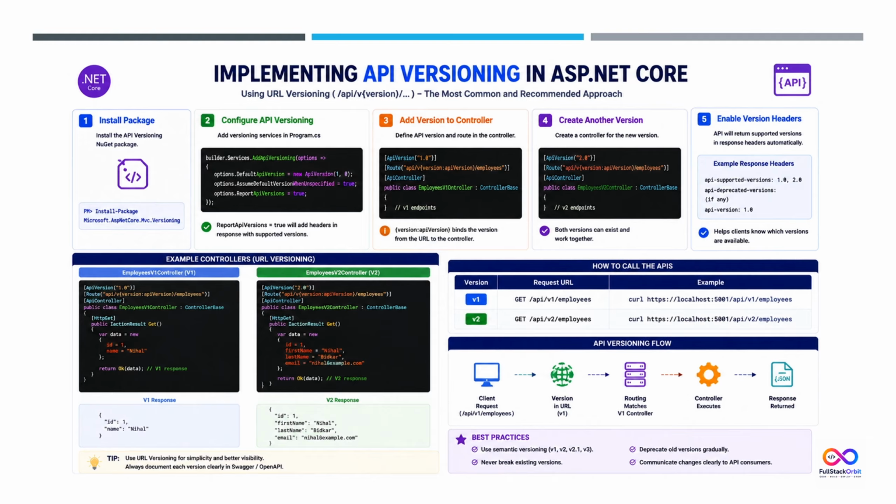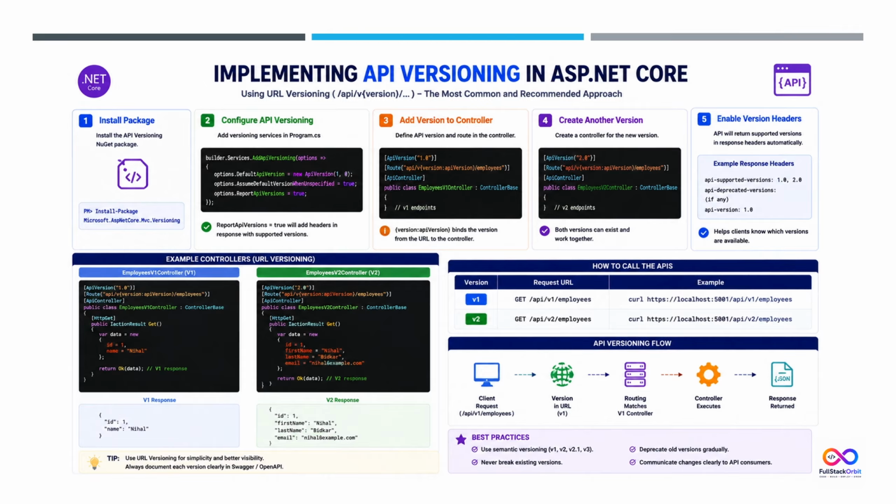Here version:apiVersion automatically reads the version from the URL. So if a client requests api/v1/employees, ASP.NET automatically routes the request to version 1 of the controller.